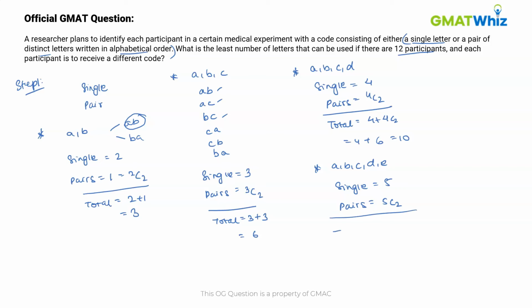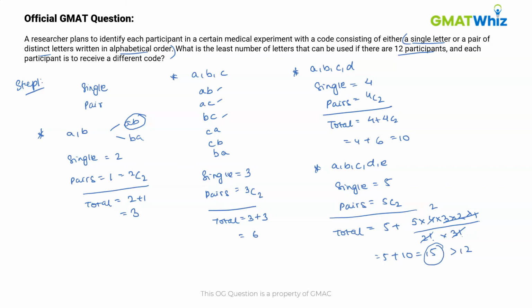So when we find the total, this should be equal to 5 plus 5C2, which is 5 times 4 times 3 times 2 times 1 divided by 2 factorial times 3 factorial. Now 3 factorial cancels, and 2 cancels 4 two times. So we get 5 plus 10, which is equal to 15. Now this is greater than 12.